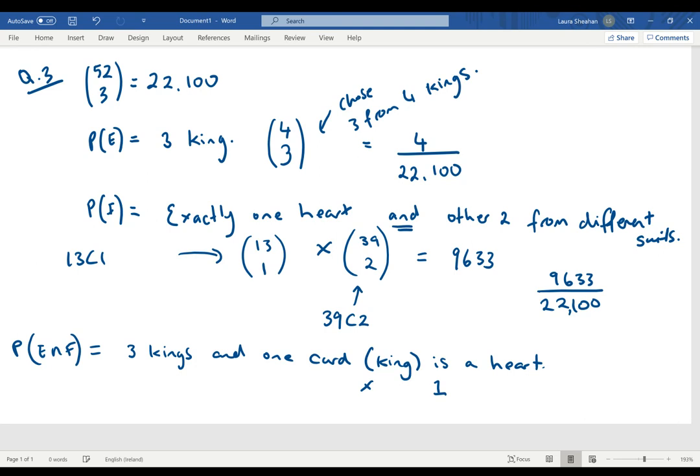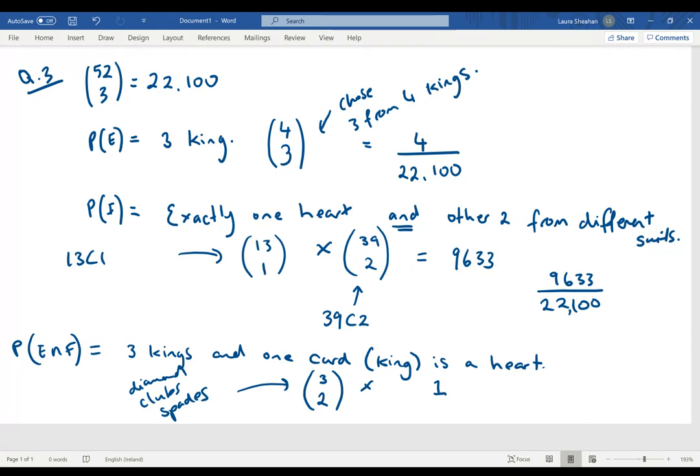Okay, and the other 2 cards are chosen from the remaining 3 kings. So now the king of hearts is chosen, and I have the king of diamonds, spades, and clubs left. I've got 3 of them left, and I'm choosing any 2 from those 3.